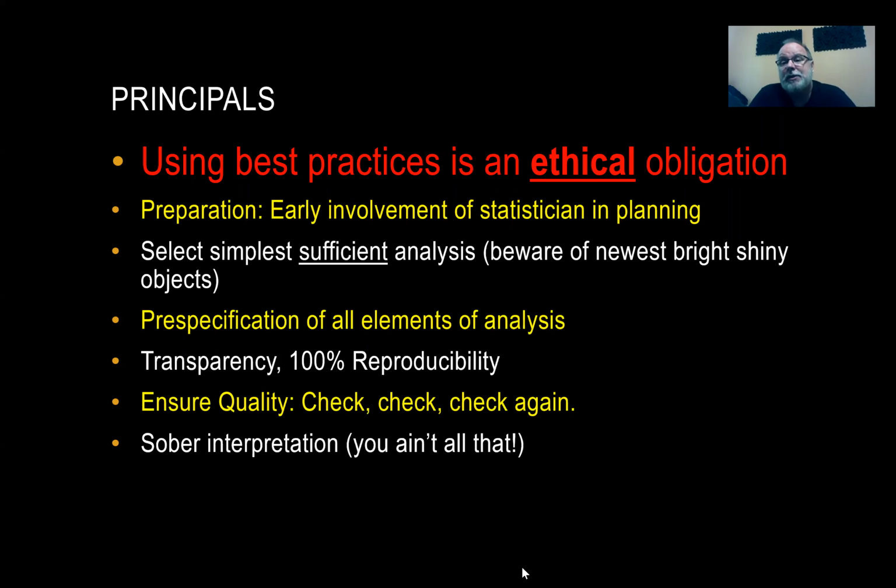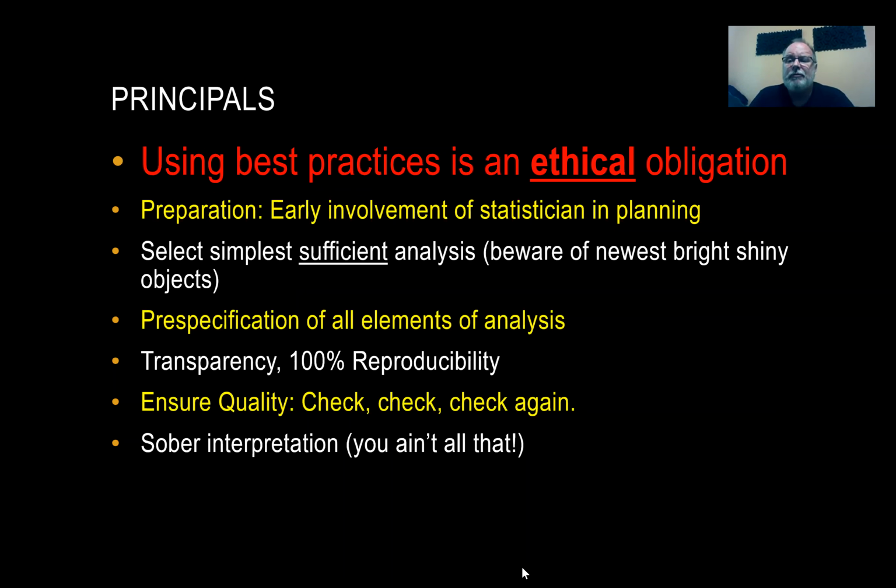And one of the things that stood out to me, this was at a time when everybody was very, very interested in structural equation models and mixed models and all sorts of very highfalutin, complicated models. Now, those may be a good choice if they meet the question, if they can answer the question.